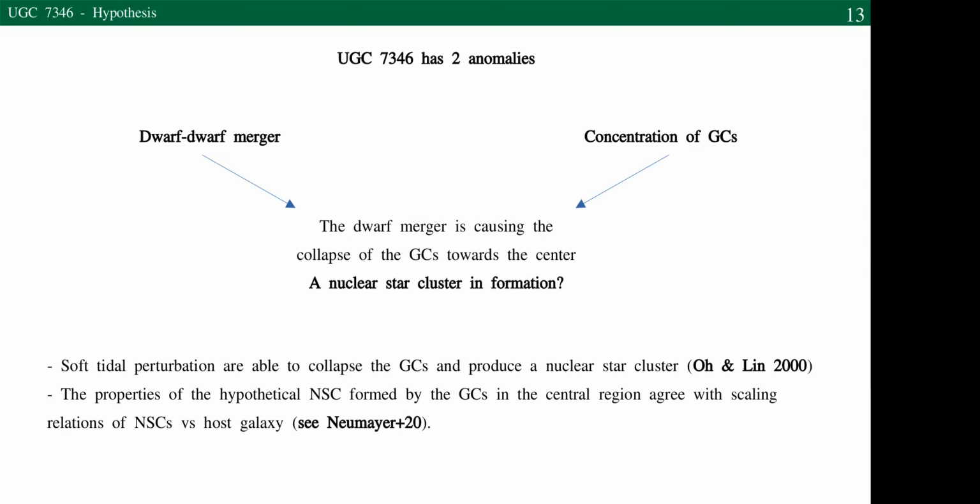So everything matches well. And therefore, this galaxy is a candidate for a galaxy with a nuclear star cluster in the process of formation, induced by a dwarf merger, which is making the globulars collapse towards the center of the galaxy.